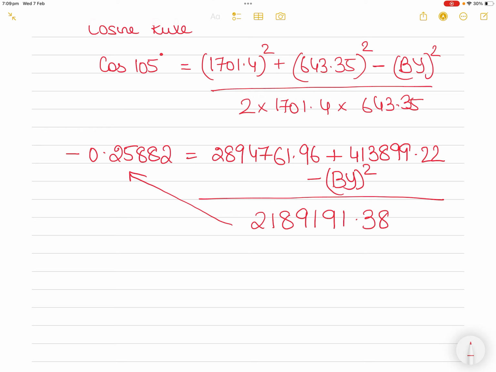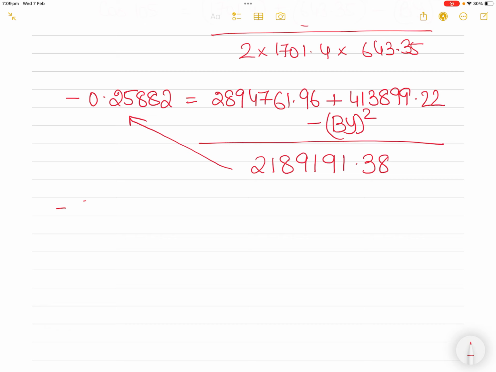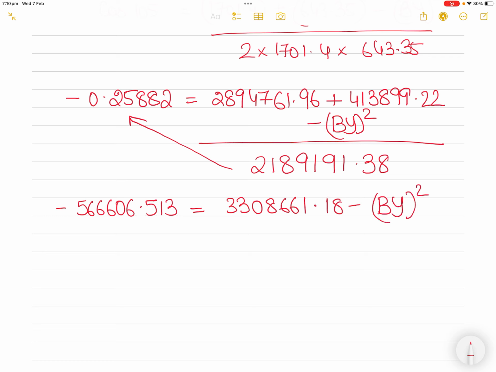Now I will take 2189191.38 multiplied by negative 0.25882, which will give me a negative number, 566606.513, and then I add the two numbers, 2894761.96 plus 413899.22, which gives me 3308661.18, minus BY squared.